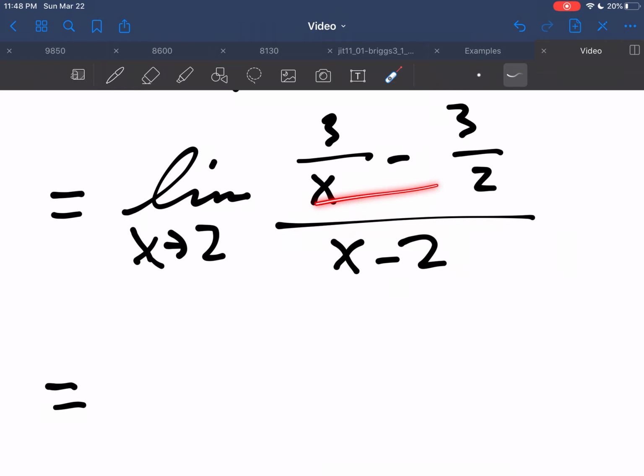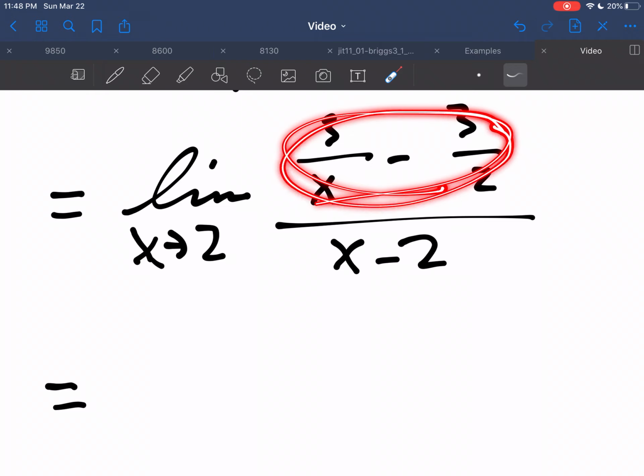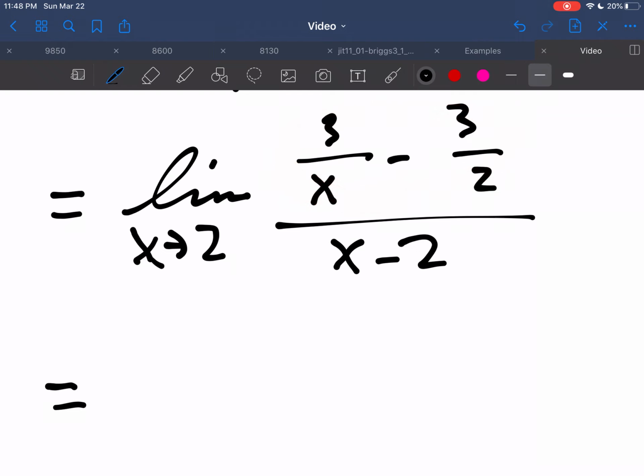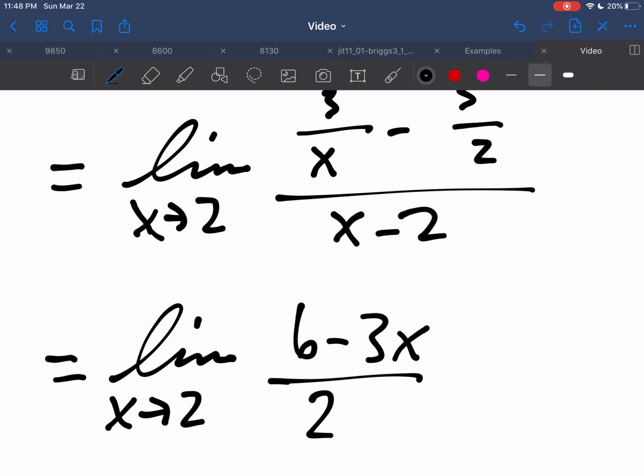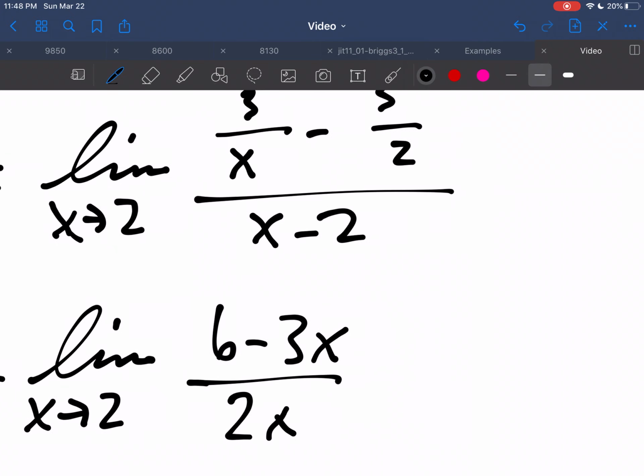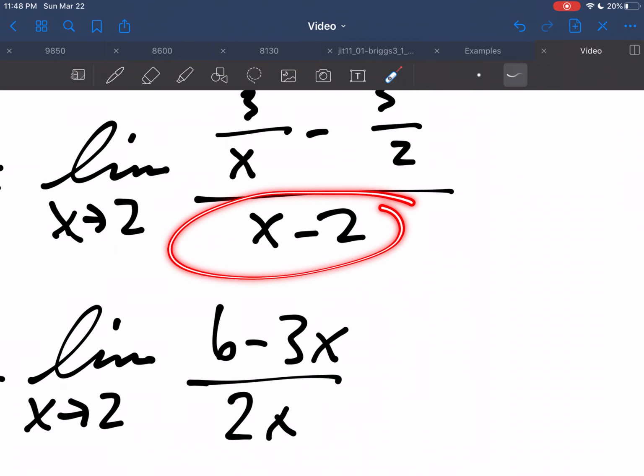Then I'm going to find a common denominator and combine these two fractions, and I end up with 6 minus 3x divided by 2x. And then I can have that times 1 over x minus 2.